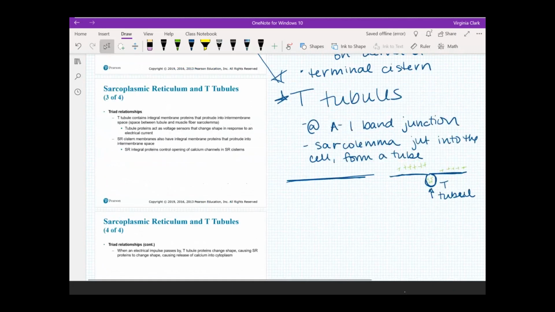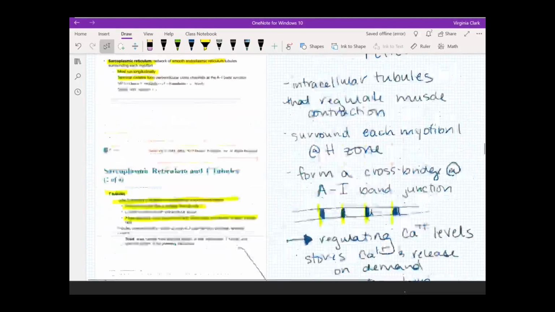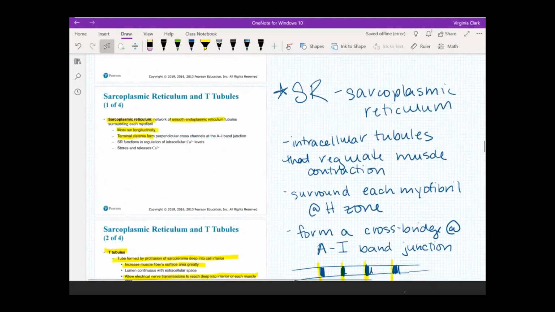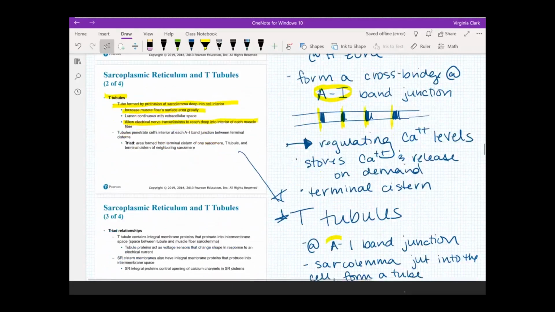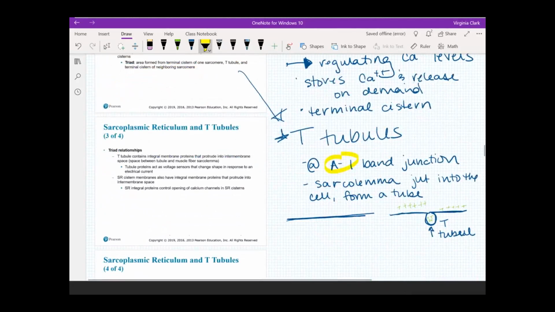Okay, so now with our T-tubules and our SR, they were both occurring at the IA band. So that's really cool. They actually both occur at the IA band in such a way that you can actually put them together. And this is going to be a triad.